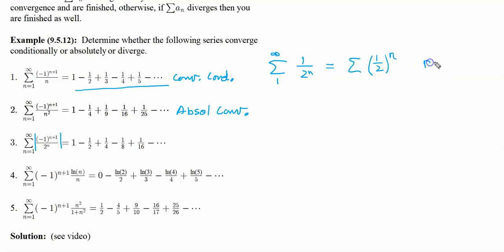And so our r in this case is 1/2. And this one, we actually know exactly what that converges to, right? That actually converges to 1/2 divided by 1 minus 1/2, right? We actually know it converges to that. So this series does converge with the absolute values, so we have absolute convergence.